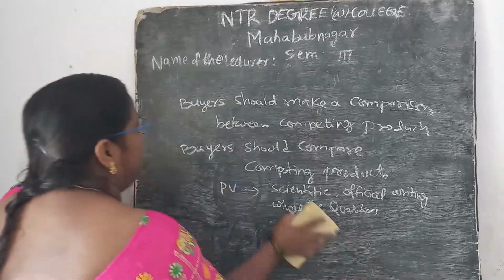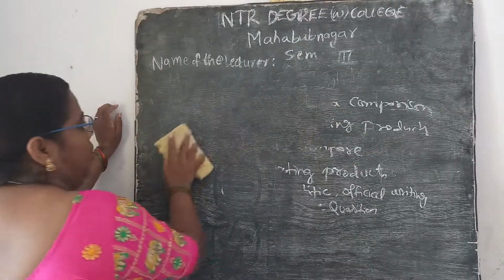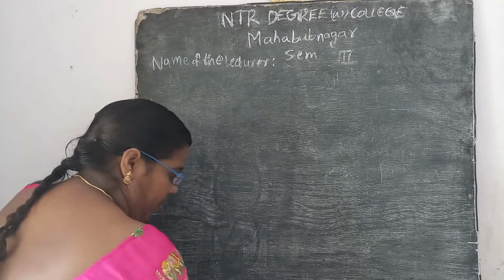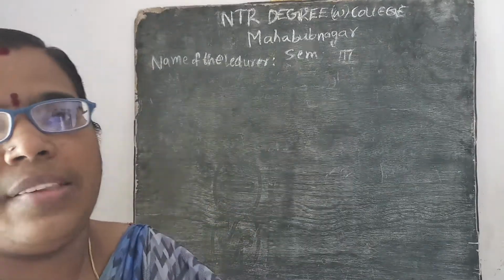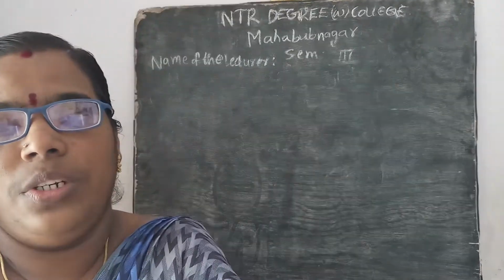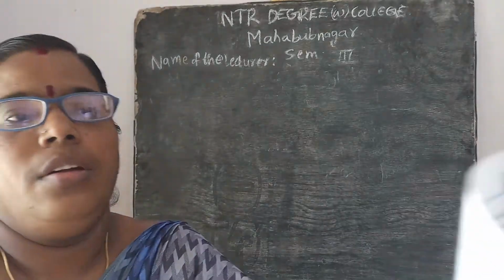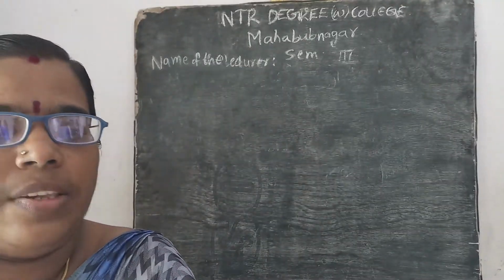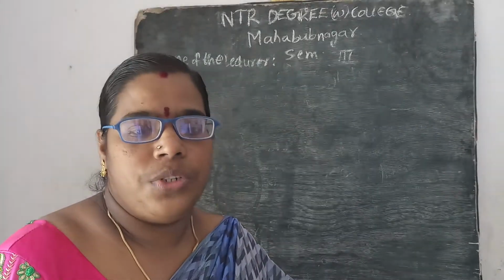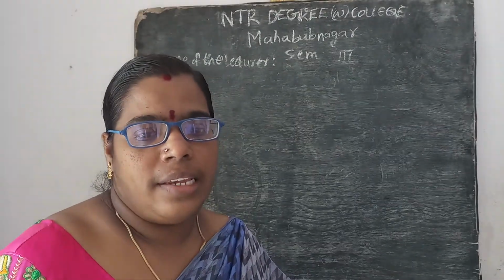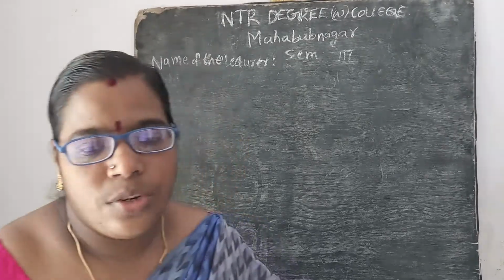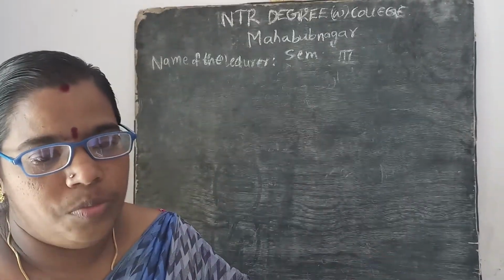So again, in this, what are the things that we are going to observe? These are the words where passive voice cannot be used. When there is an intransitive verb, the sentence does not have any object.